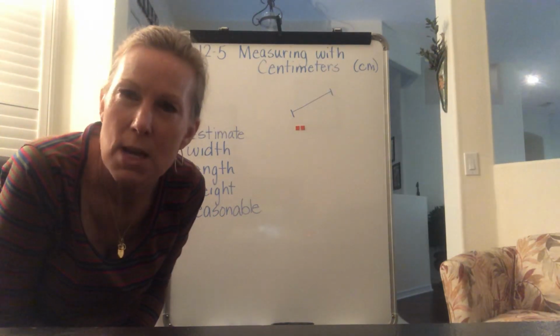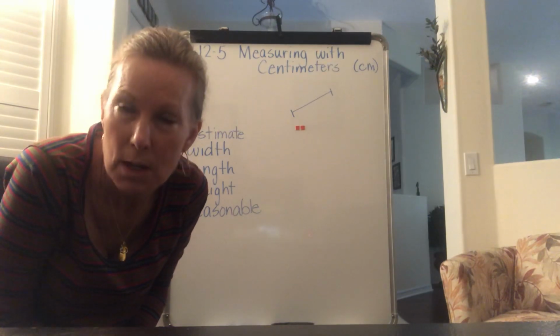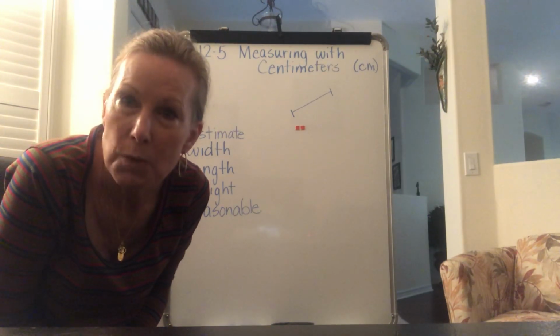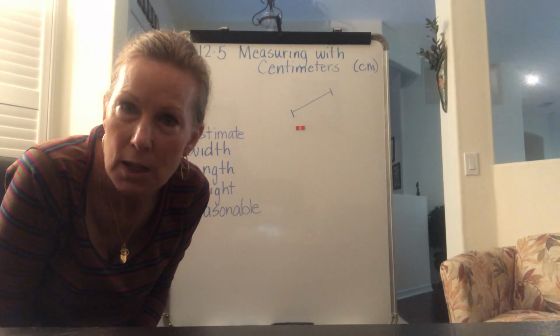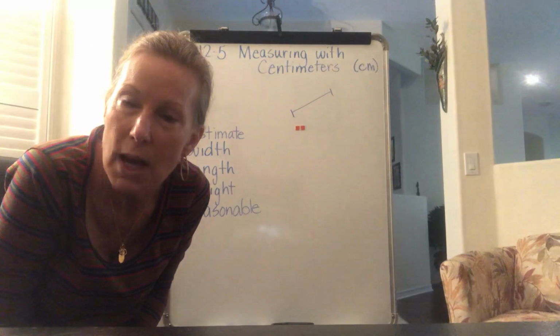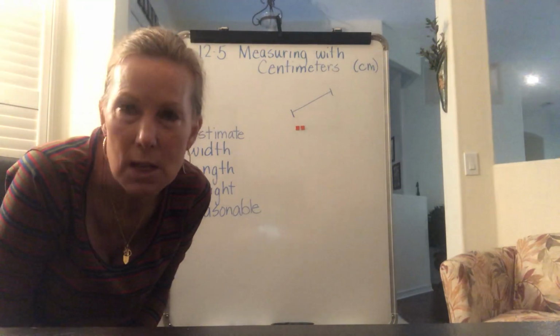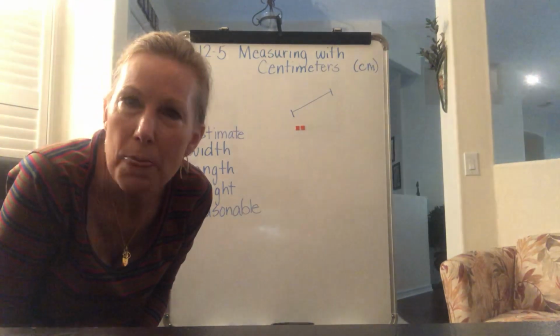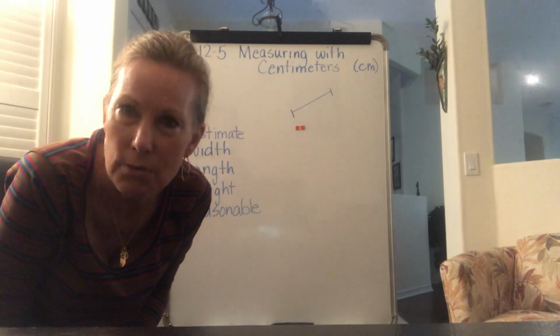Remember yesterday when I was talking about the word customary, and I said those are the measurements and units of measure that we use in the United States? Well, today we're using centimeters. Now, we use centimeters in the United States, but they didn't originate from the United States.